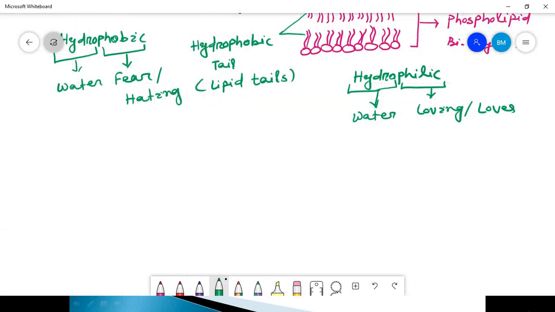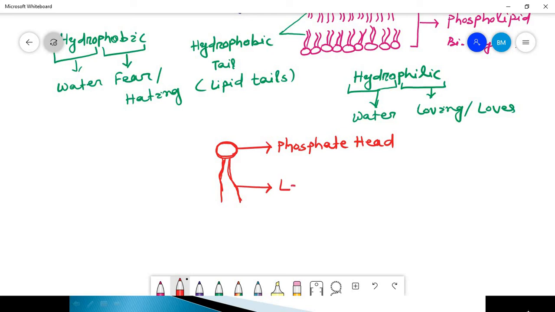If we draw this phospholipid molecule separately, it would look like this, and there is one kink. This is the phosphate head, and this is the lipid tail.